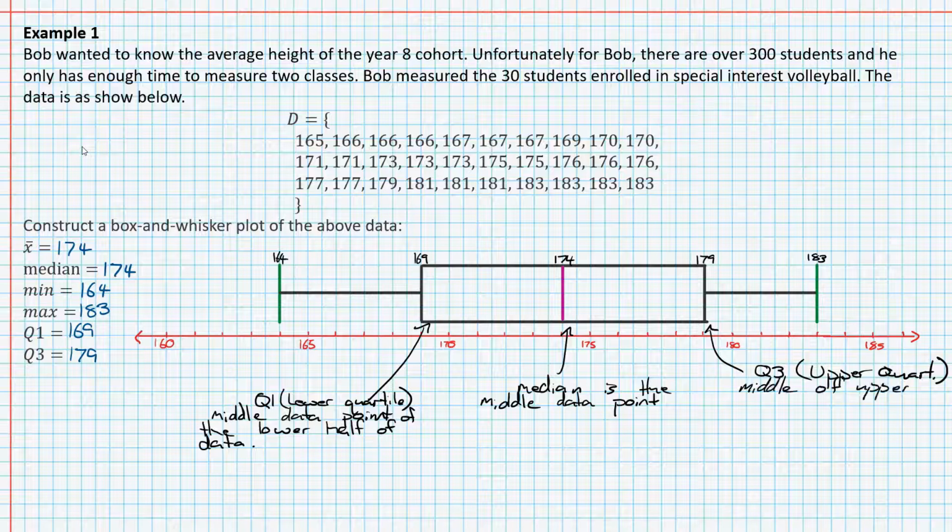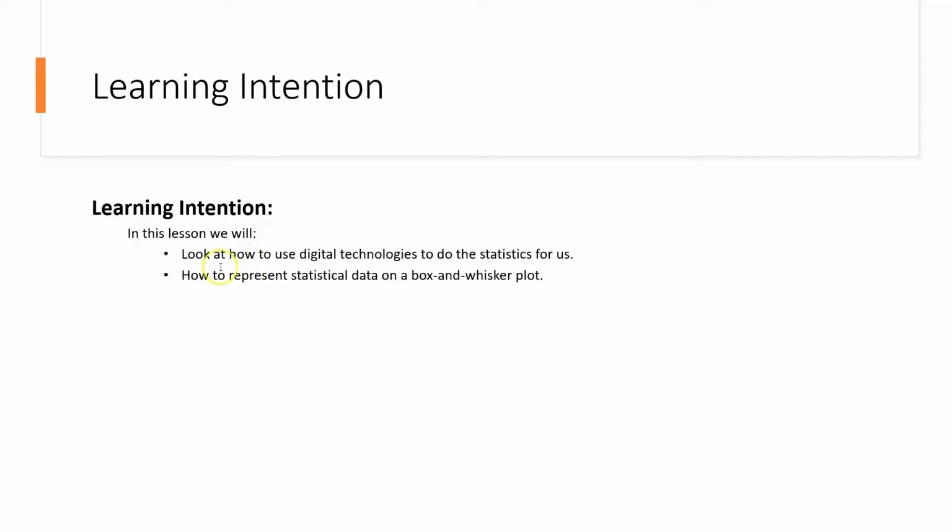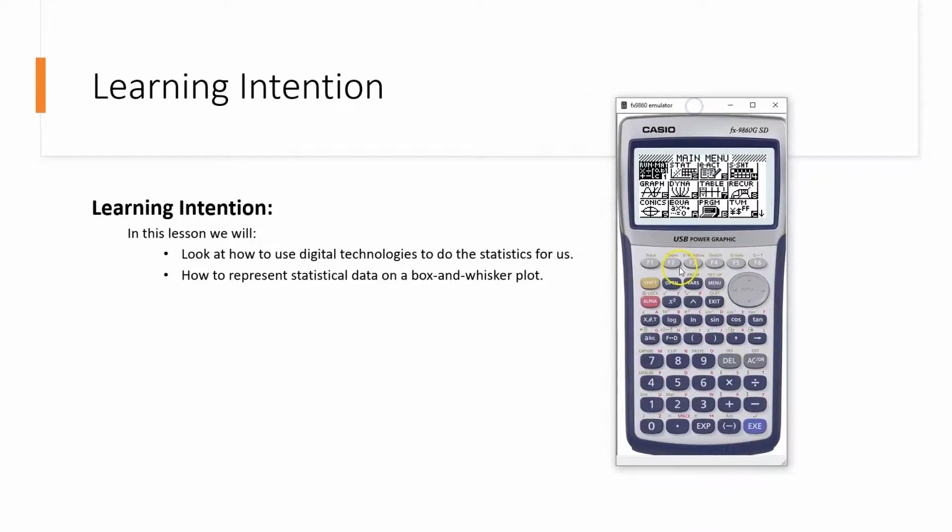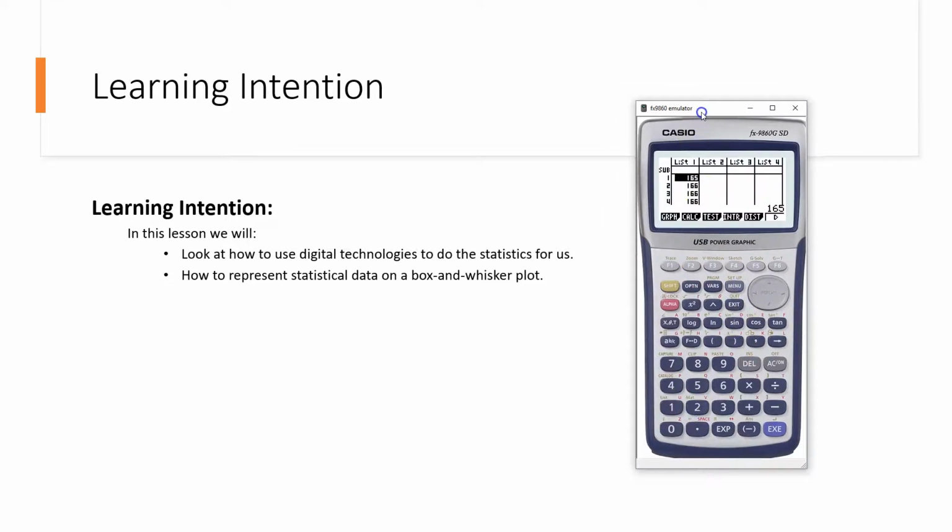So in summary, what we set out to look at in this lesson was, firstly, how to use digital technologies to help us do statistics. So using this table here, we can do statistics.